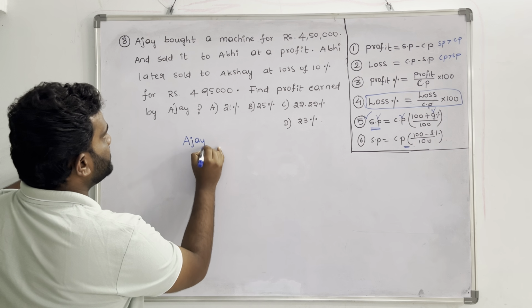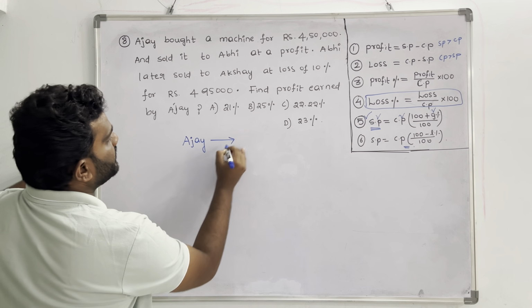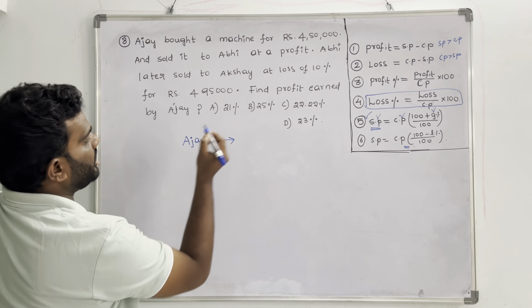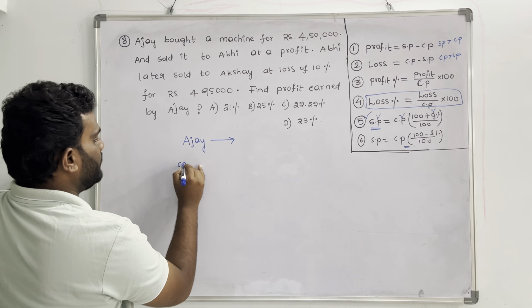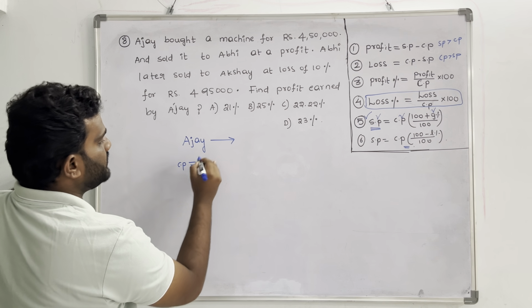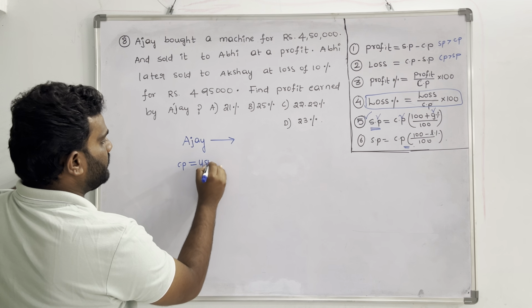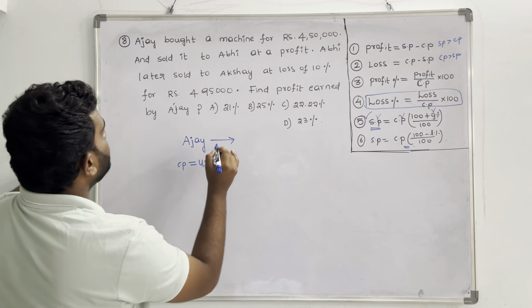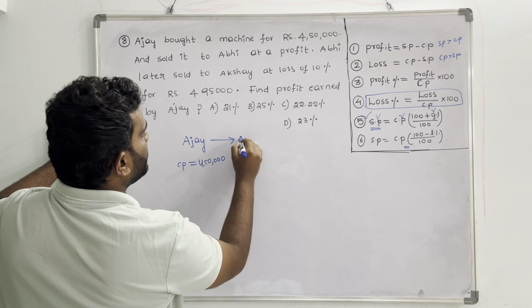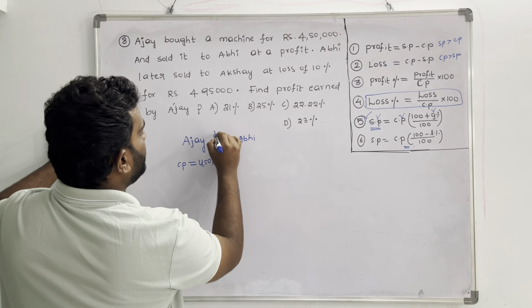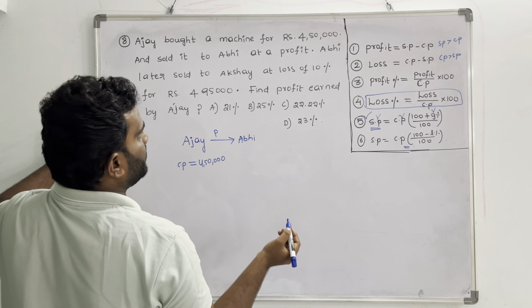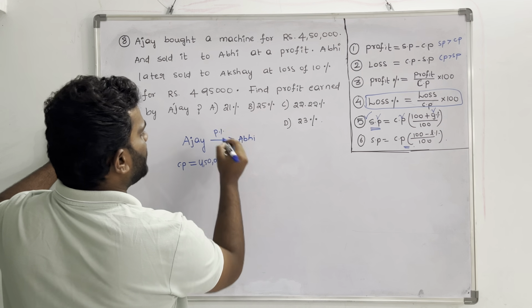Ajay bought a machine for rupees 4,50,000, means cost price. Bought means cost price for Ajay, how much? 4,50,000. Okay, and he sold it to Abhi at a profit. We don't know what that profit is, a profit percentage.